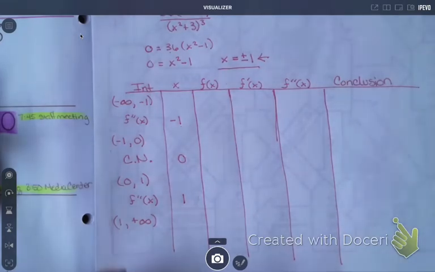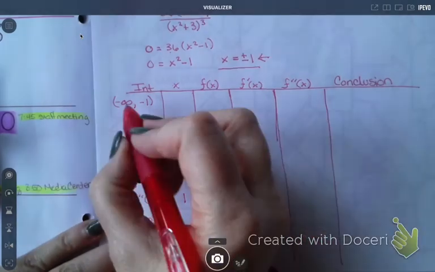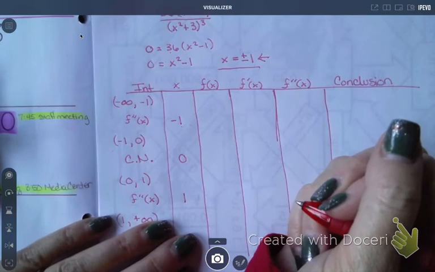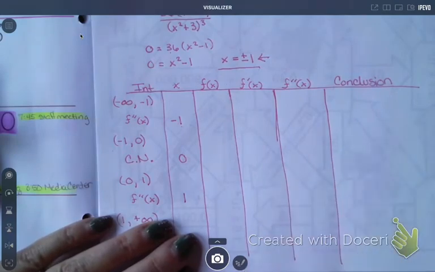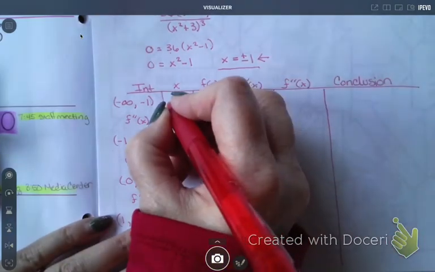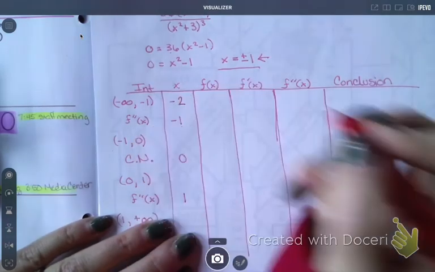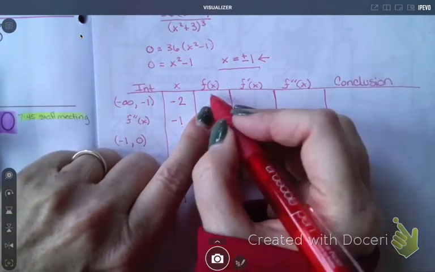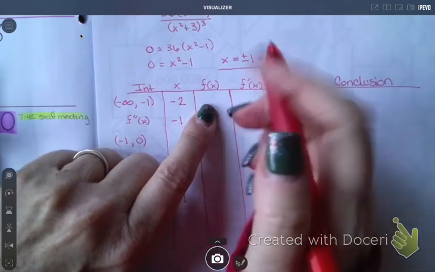Okay, so I need a number between negative infinity and negative 1. Negative 2. Okay. I used negative 3. Okay, so negative 2. Now I did put an f of x. We might as well plug it in there. So f of x means I'm plugging it into what? The original.